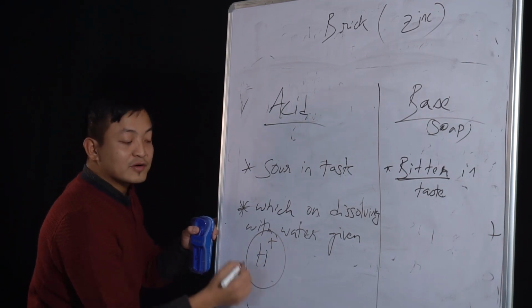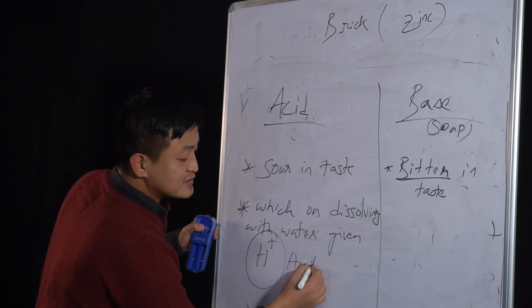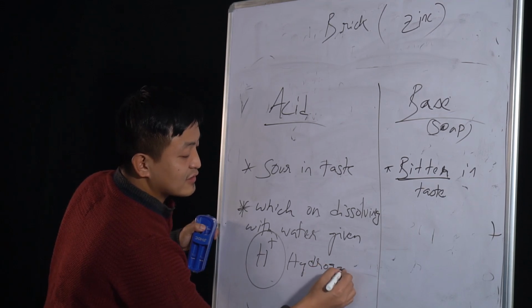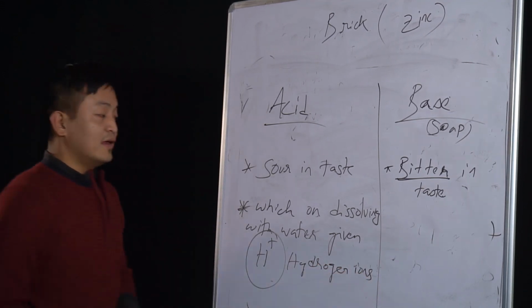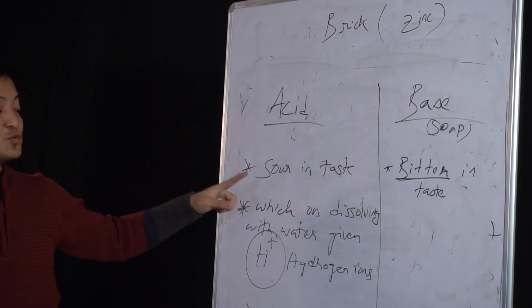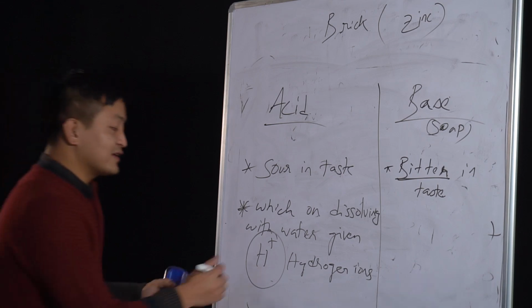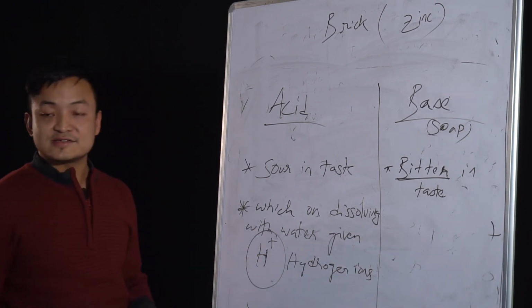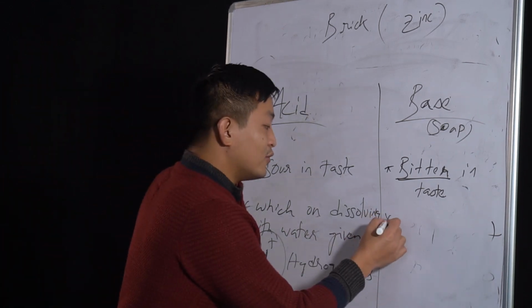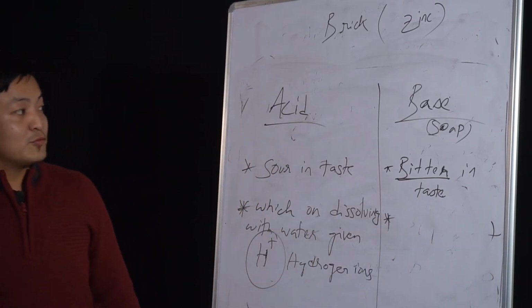Remember, this is very important, hydrogen ions. So these are acids, hydrogen ions. So acids are those which on dissolving in water give H+ ions or hydrogen ions. Clear?